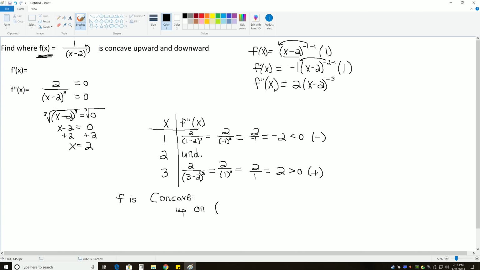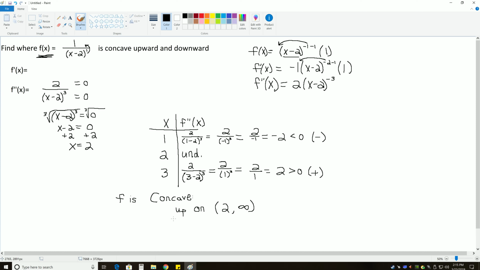We want where the second derivative is positive. That tells us where it's concave up. So it's positive immediately to the right of x equals 2. So that means we'll say the interval 2 to infinity, but we put this parenthesis with our 2 to say that 2 is not included, but every number right after 2 is. So for instance, 2.1, 2.01, and so on.